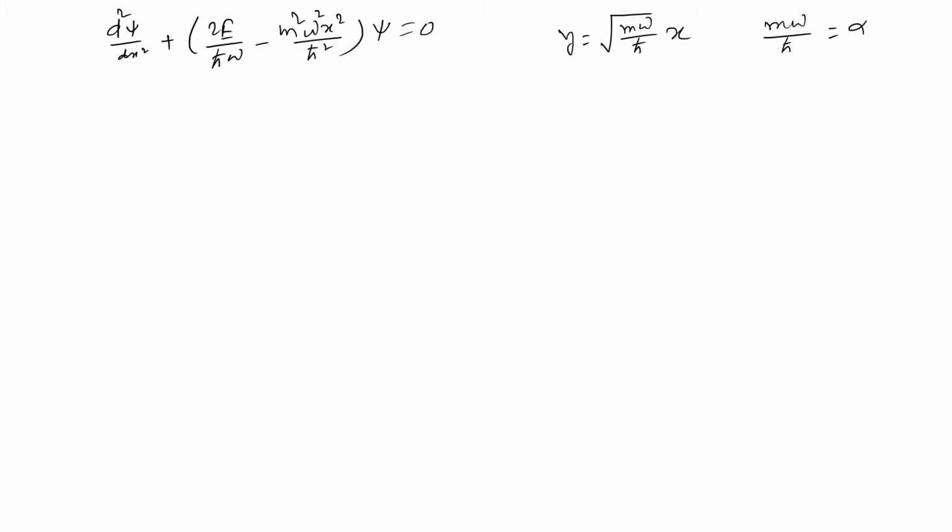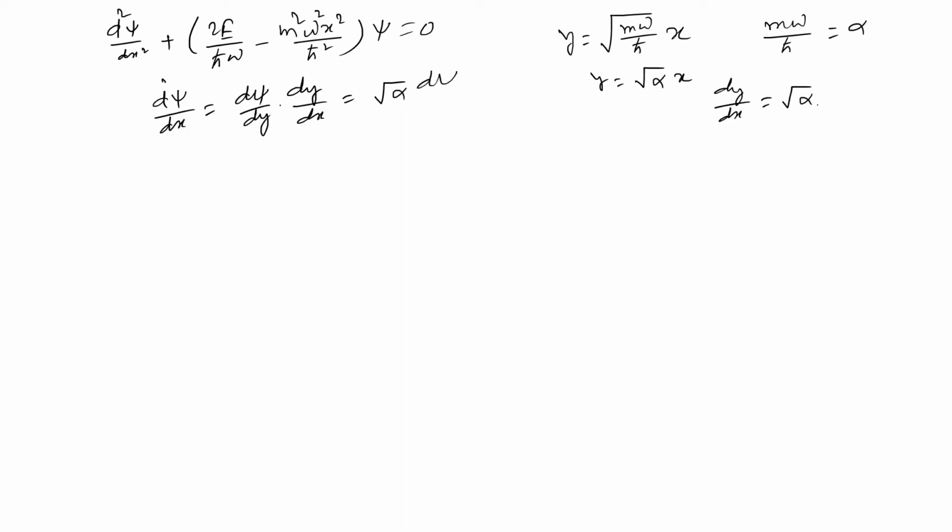This is for simplicity, so I can write y equals square root of alpha times x, then dy dx goes to square root of alpha. Now I am interested in finding d2 psi dx square. So first d psi dx gives us d psi dy dy dx, that means square root of alpha d psi dy, and again if I take the derivative with respect to x, then this will give us d dx of d psi dx.